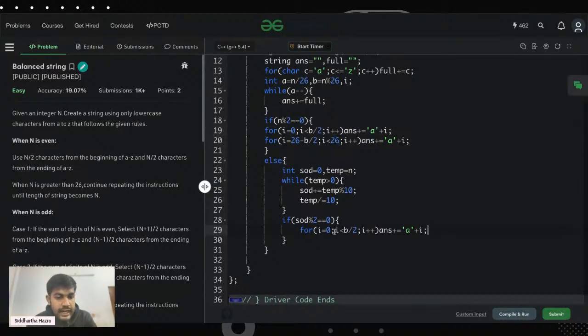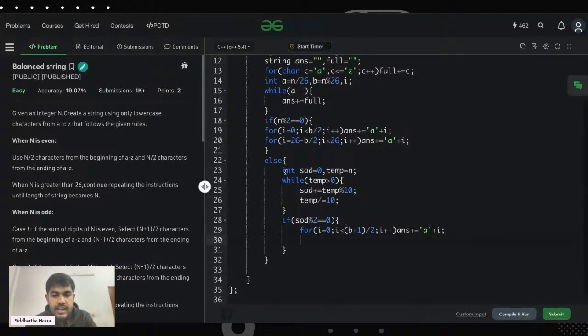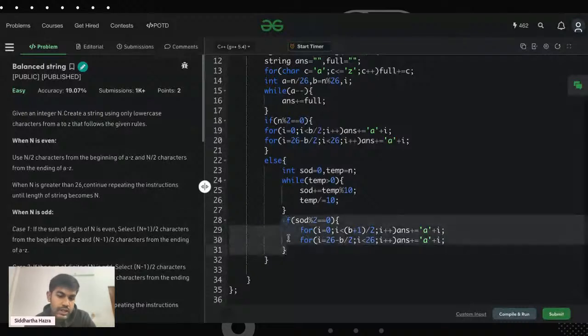So we would start from 0 and I is less than b plus 1 divided by 2, and I plus plus. Next we have this condition, 26 subtract b by 2, the bottom one, and then I plus plus. The same condition would occur.